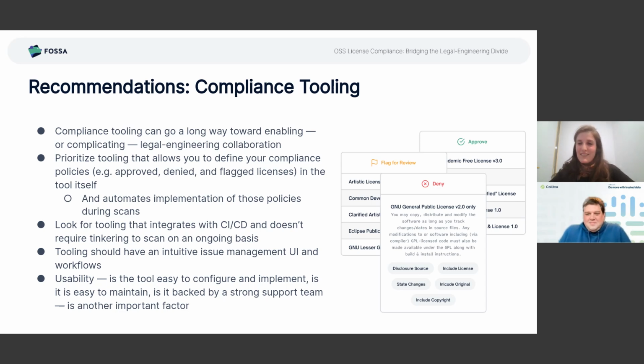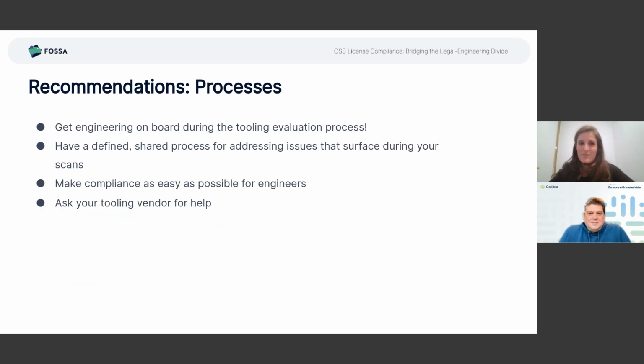Yeah. Maybe we can switch gears from tooling and just talk about some best practices and process. I know we talked about a couple of these topics earlier on in our discussion. The big four that always stand out to us are, one, getting engineering on board during the tooling evaluation process and having ownership. Two, policies, having a defined and shared process for addressing issues that surface.